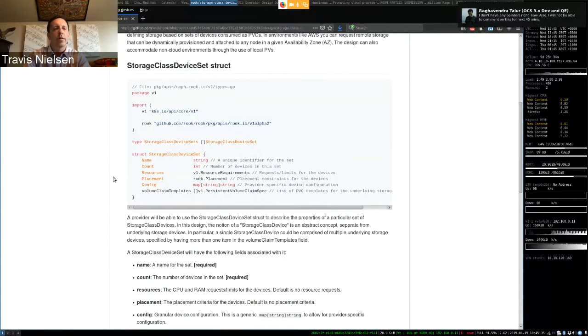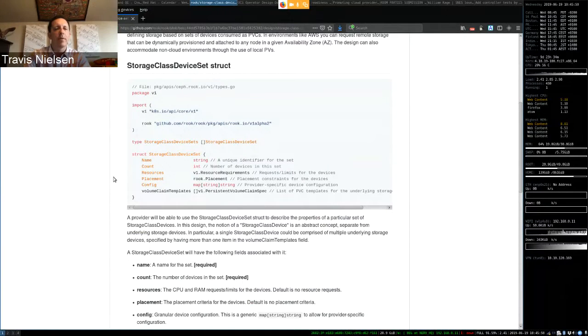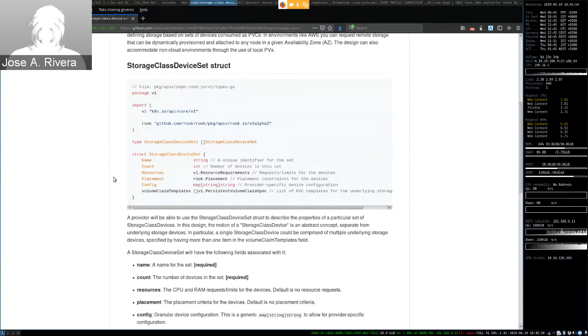Wait, so are you saying for some types of PVC, we need a size and some we don't, right? Right. Like if we're in AWS, so where are you saying we would put the size parameter here? In the volume claim templates field. So, yep.